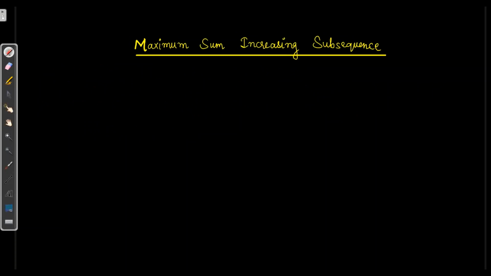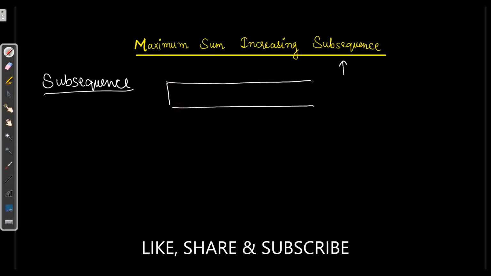So let's start from the back. The first word is subsequence. Subsequence means, let's say I have an array. I'll take a random array: 4, 2, 5, 3.